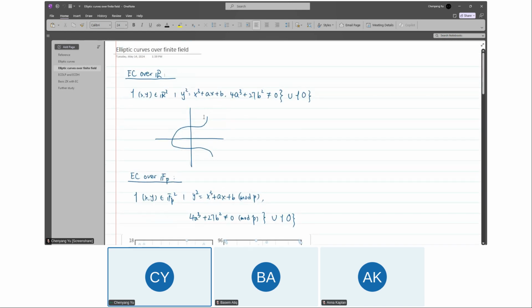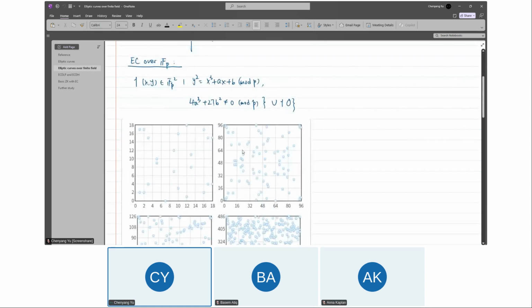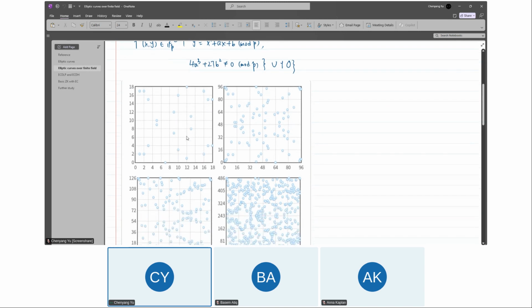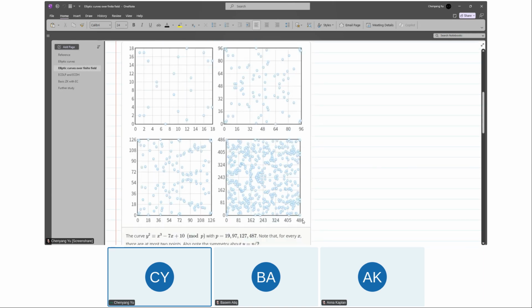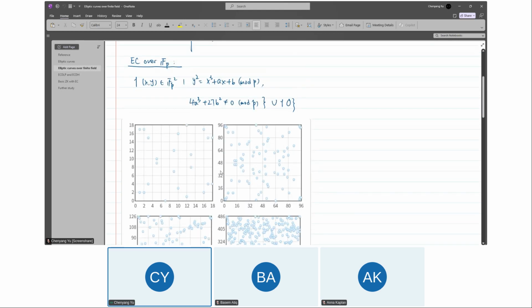In the over R scenario, we have a continuous set of points, but in this case we just have discrete points. For example, this one is p equals 18, this one p equals 96. As p grows larger, you can see the more points you have.